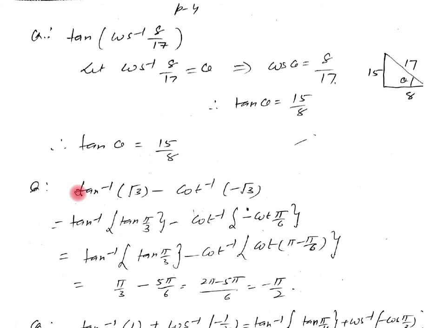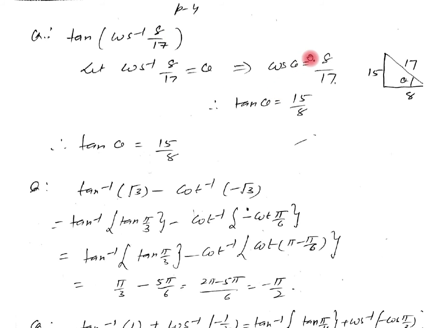Let us take another question. Now we have to solve tan of cos inverse 8 by 17. Here is tan, so it should be tan. Again we suppose this inverse equal to theta. This implies cos theta equals 8 by 17. Now we have to convert this value in terms of tan.